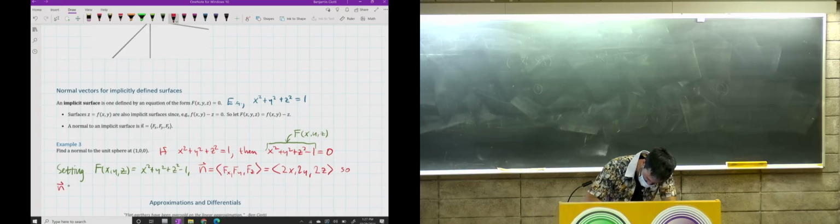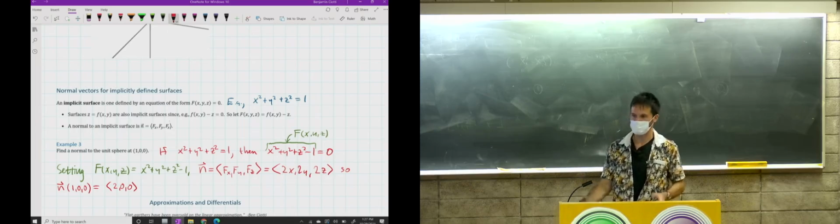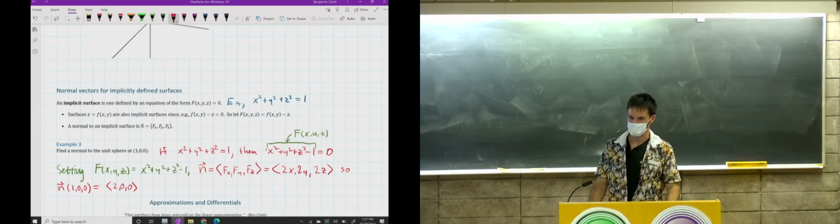So at the point 1, 0, 0, it's equal to 2, 0, 0. And there, you got your normal vector.